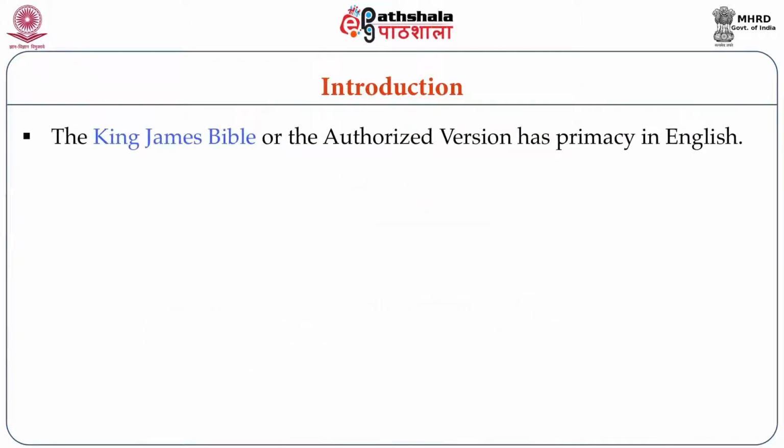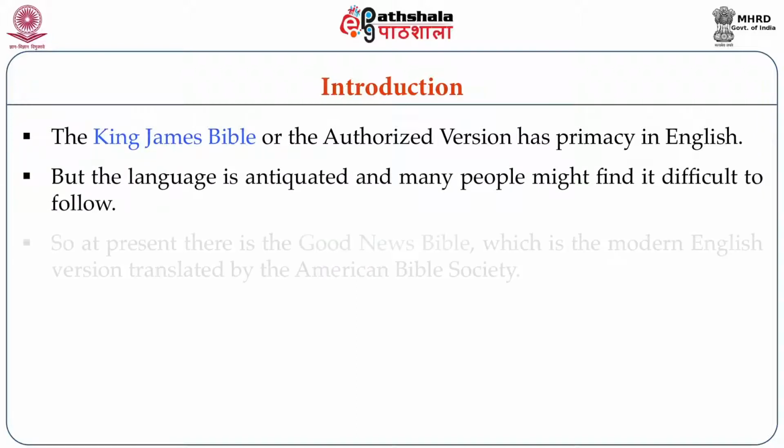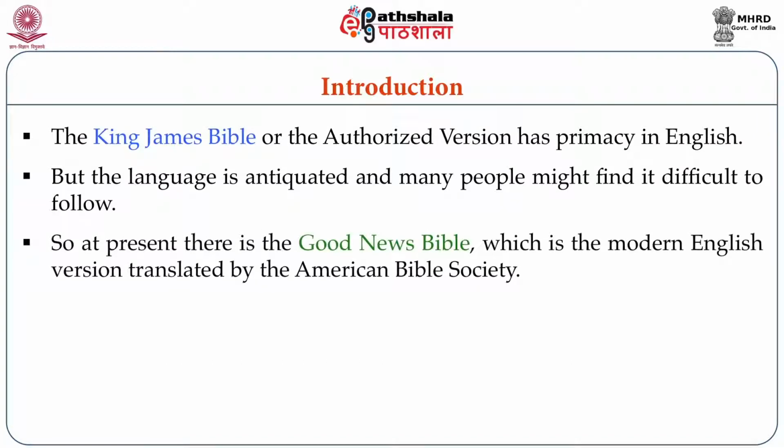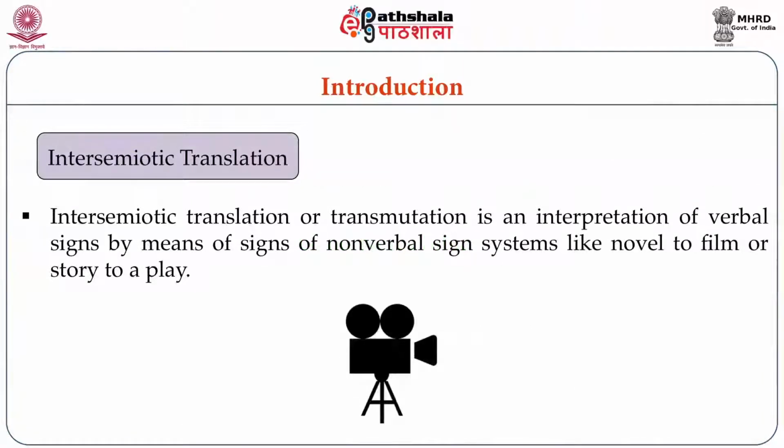The King James Bible or the authorized version has primacy in English, but the language is antiquated and many people might find it difficult to follow. So at present there is the Good News Bible, which is the modern English version translated by the American Bible Society. Intersemiotic translation or transmutation is an interpretation of verbal signs by means of signs of a non-verbal sign system, like novel to film or story to a play.